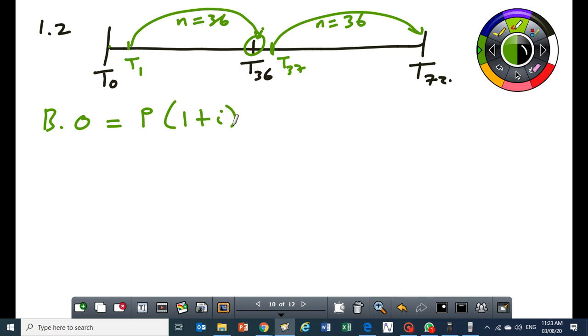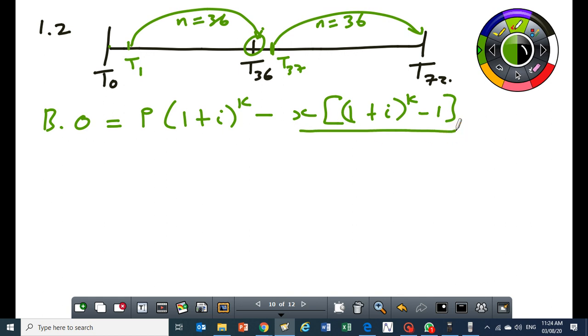So I won't put N, because we are using K. So that is minus X times 1 plus I raised to the power of K minus 1 all over I. Let's change this to K to make things much better. So that will be K, that will be K. Okay, so that's the formula.